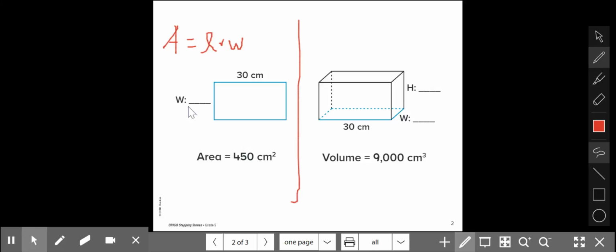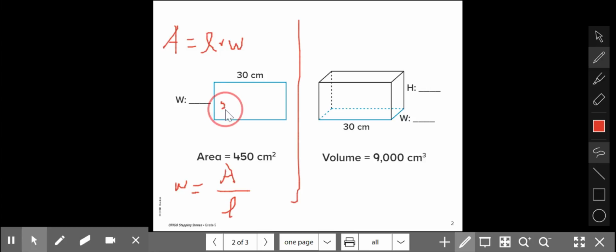So we know the length already, we just don't know the width. What we need to do is figure out what the width is. The width is going to be the area divided by the side that we do know, the length. So we have 450 divided by 30.